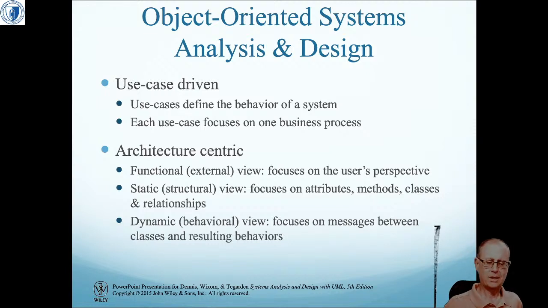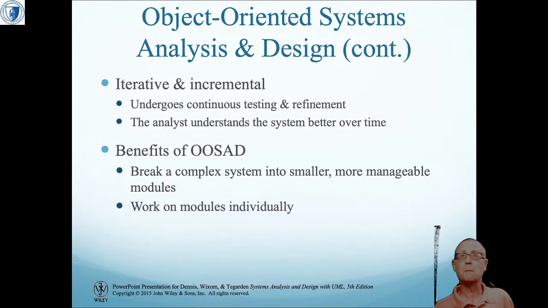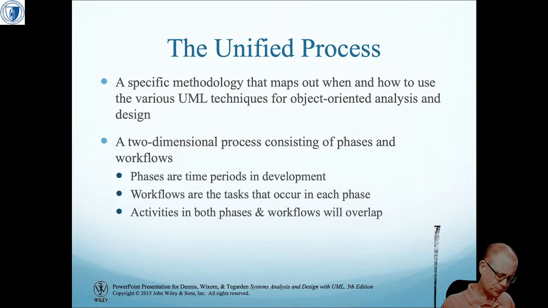So one of the early things we're going to talk about is use cases, and I'm not going to talk about them now, but we will very shortly in the course. And architecture. How do we decide on an architecture? And I've already talked briefly about those. I'm not going to go into any detail.